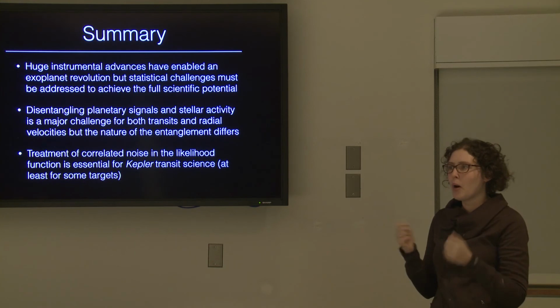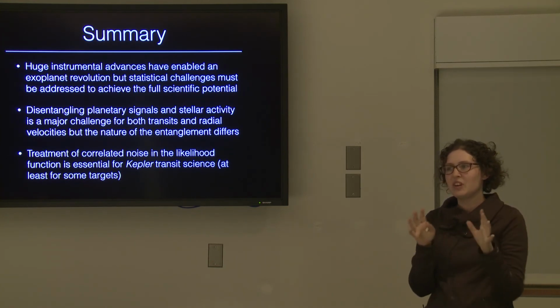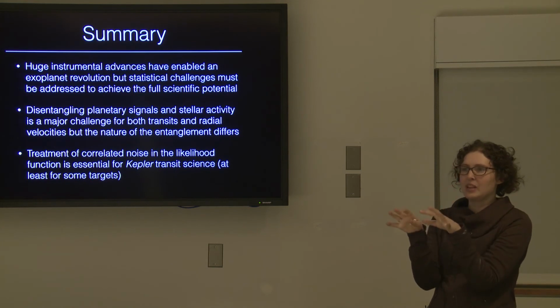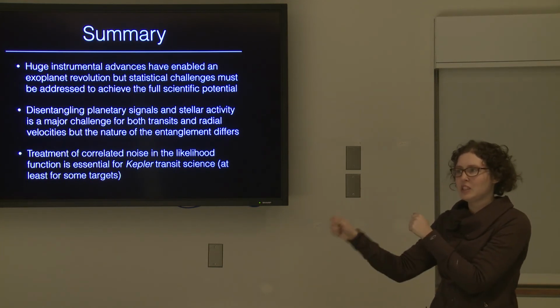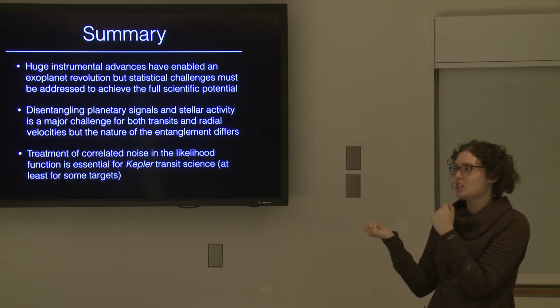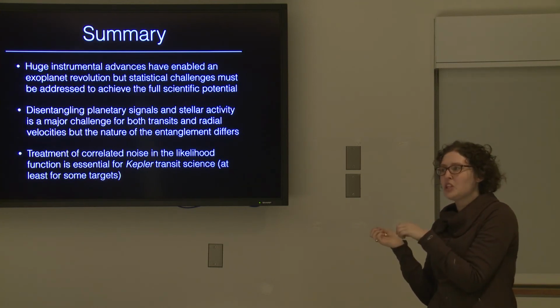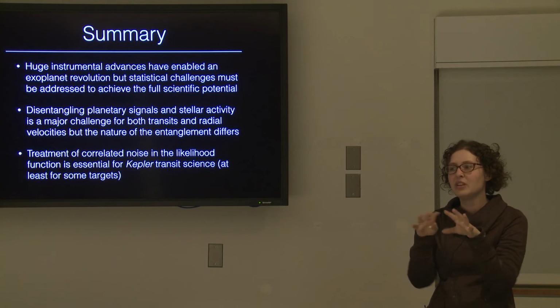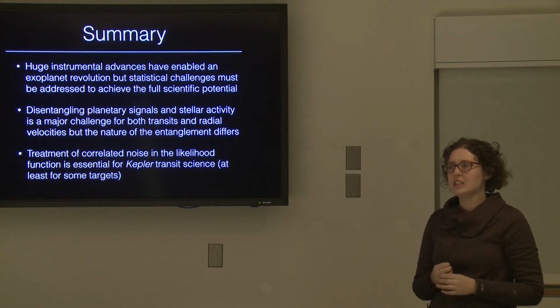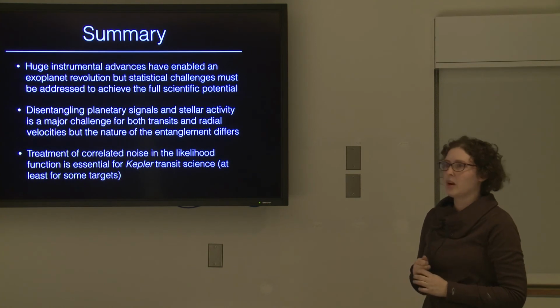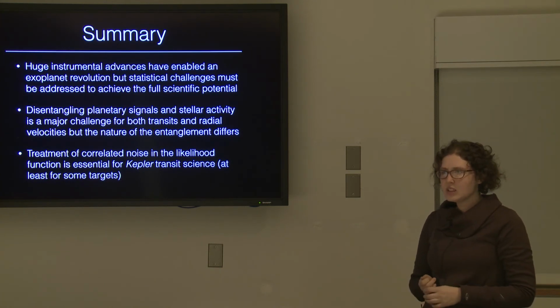And for us, the more published planets, the better. Even if it's an uncertain planet, we'd rather have that uncertain planet with an accurate uncertainty and be able to put it into the population study than not to have the planet at all. But people are being so careful before publishing that we don't necessarily have some of those more marginal cases. And outliers are one reason that people are concerned about that. So that's an issue.